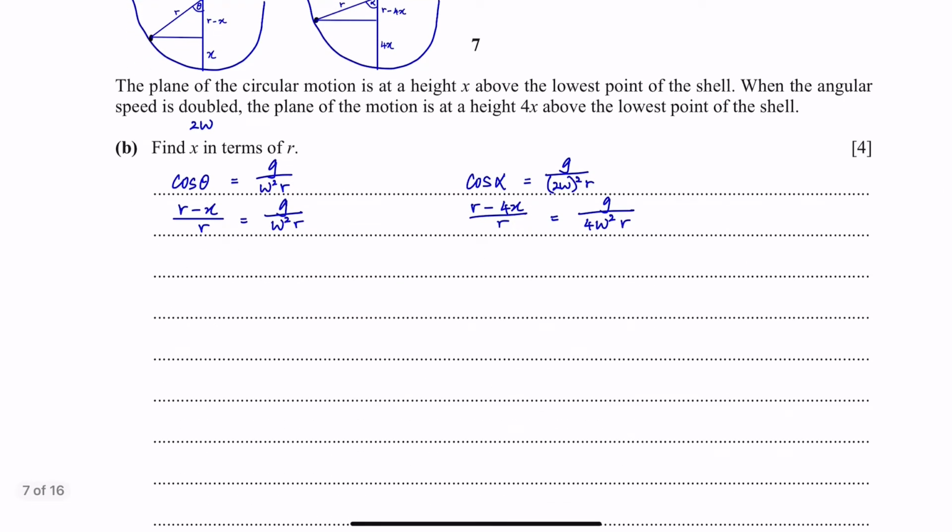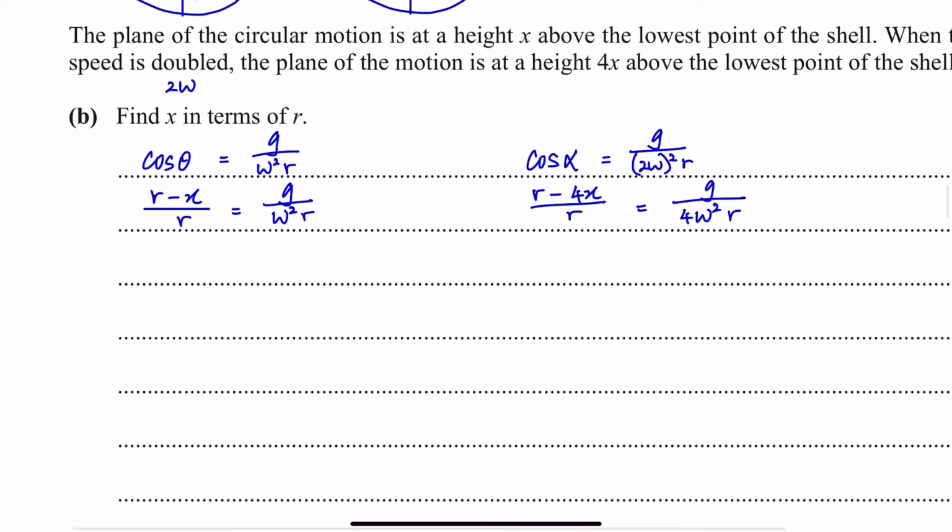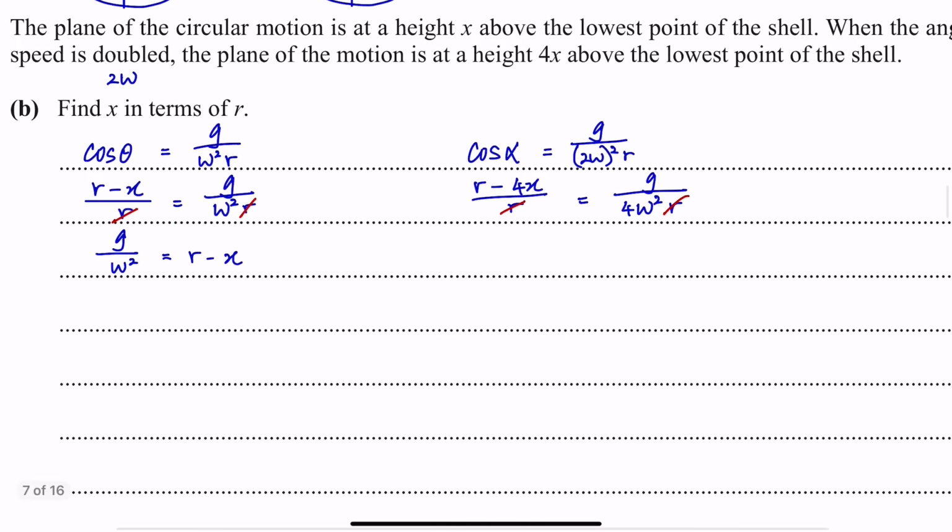So now we can see that we can cancel the r on the denominator out, and we can write this as g over omega square equal to r minus x, right?